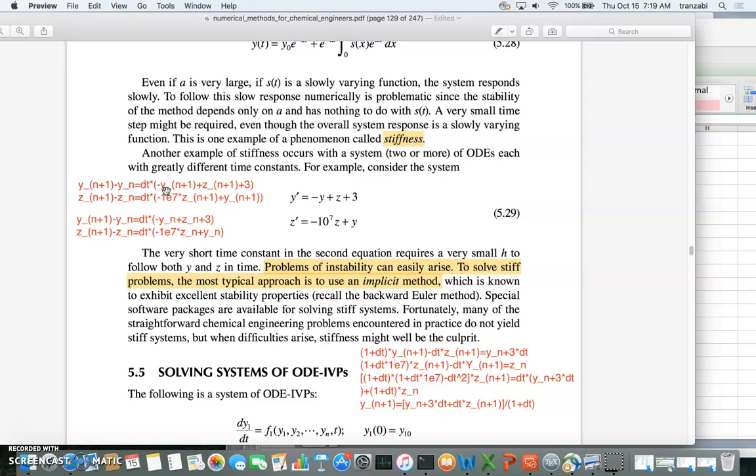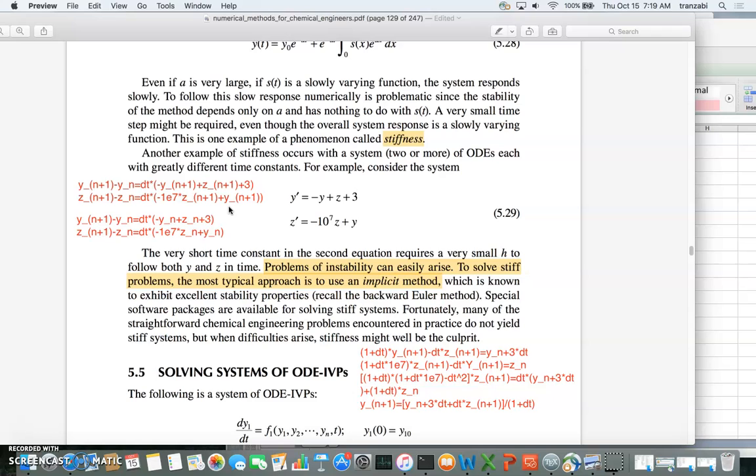For stiff problems, where we have two or more different timescales that require a small delta t and maybe a large t, implicit methods work the best. And one of the implicit methods is backward Euler.